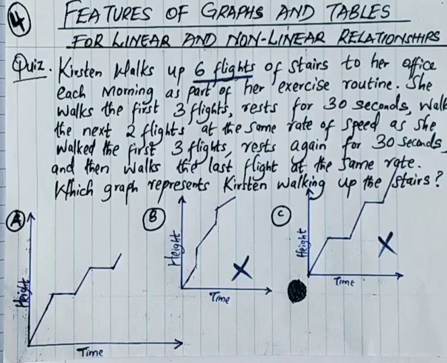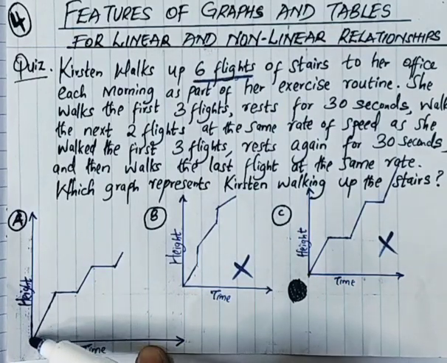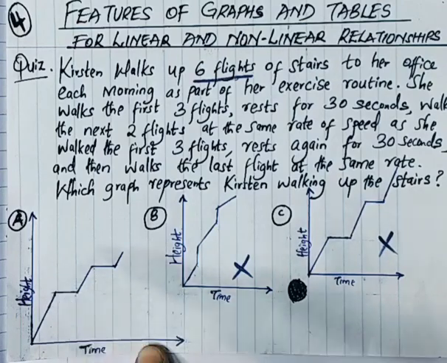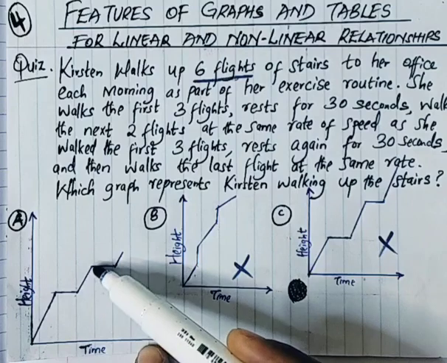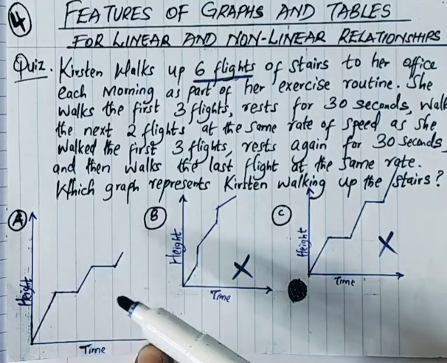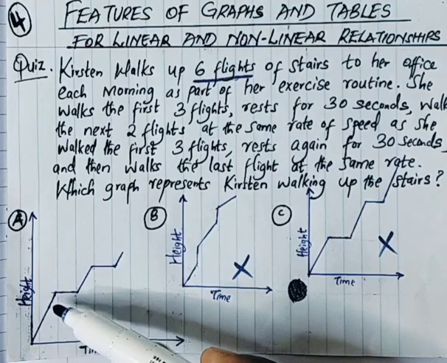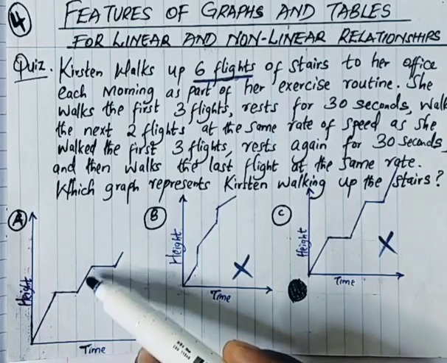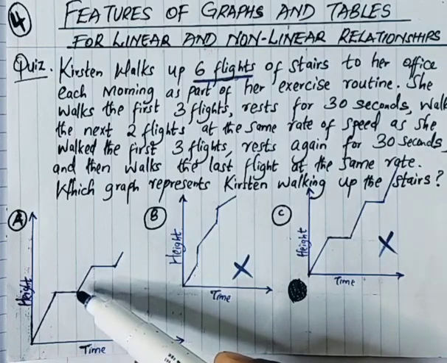Let us analyze A. The distance from 0 here all the way to this point, and then resting for 30 seconds. Now the second distance, you see, it is kind of missing 1 unit to be equal to it, which can be probably, if we say this one is 3, then this one is somewhere between 2 and 3. That means it is 2 units or 2 stairs.